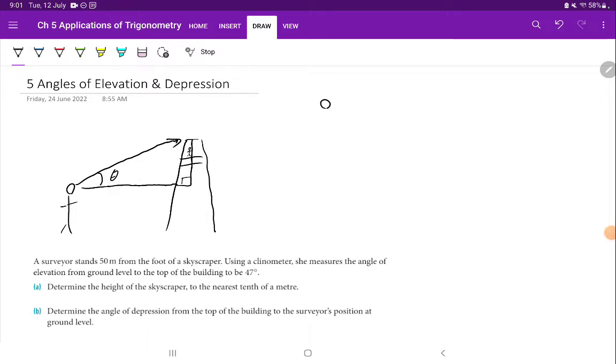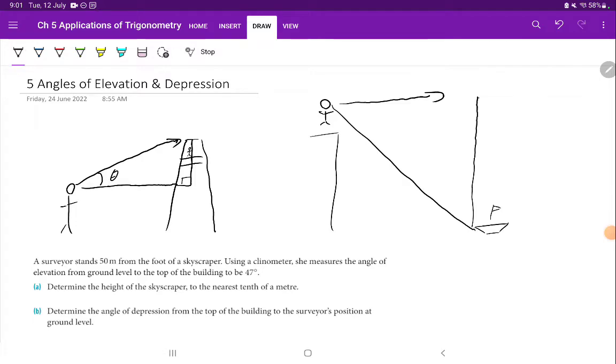Instead, if we were standing at the top of something very tall, our eye line goes straight out, but we could look down at something below us. And we could once again form a right angle triangle. If we could measure that angle, that would be an angle of depression.